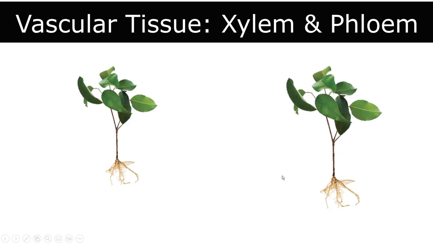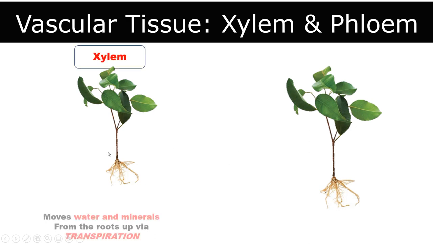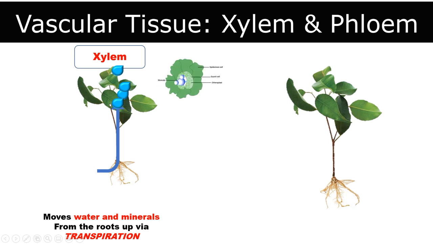And so these are going to move two different types of materials. So xylem is what is moving both water and minerals from the roots up throughout the plant. And we'll talk more about this process that we call transpiration. So xylem moves the water and minerals from the roots to the leaves through a process called transpiration.